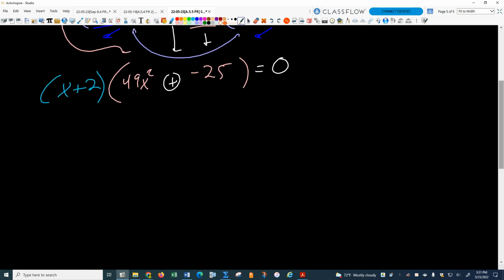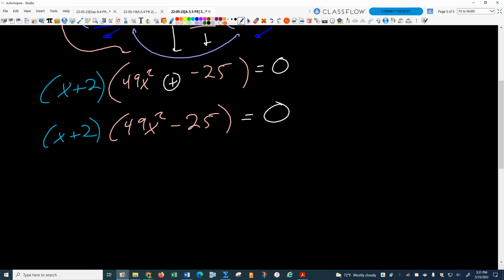And then if I just clean that up a little bit, plus and negative is just minus, right? So we've got x plus 2 times 49x squared minus 25 equals 0.